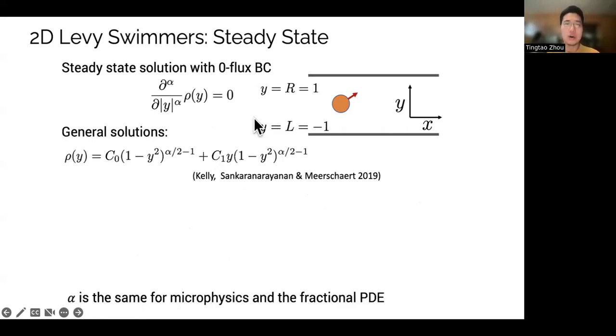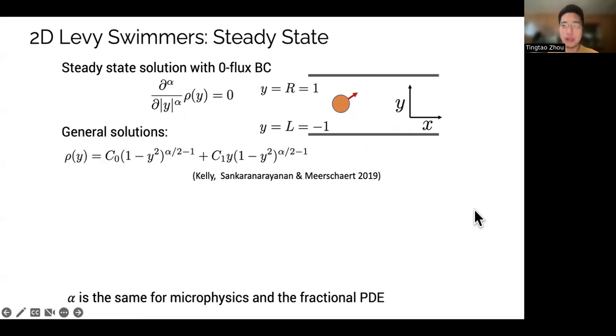Now at steady state, with the zero flux, essentially we're just saying that the flux should be zero everywhere, right? So that further simplifies the equation. Now we just have this fractional derivative operator applied to the density, and that should be zero.